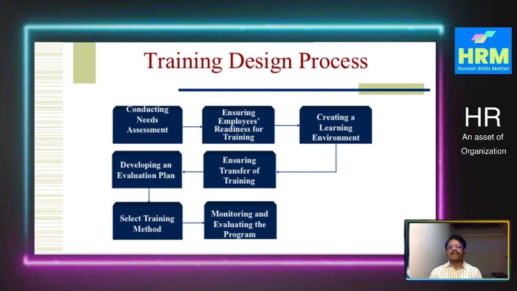So these are the steps in the training process. In brief, you can see that these are the nine steps that we have discussed earlier, and they are all reflected in this model also.